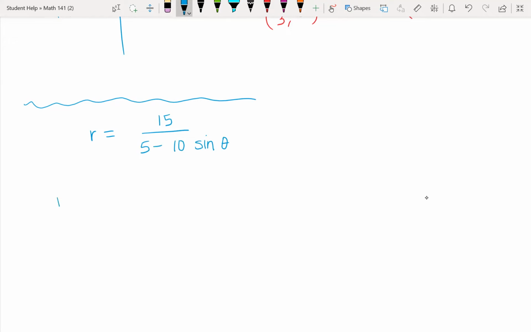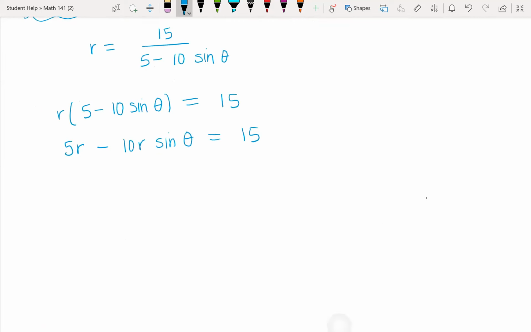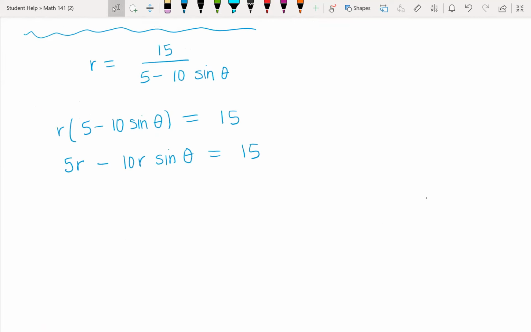We'll rearrange this to be r times that denominator, we'll multiply that out. And then I'm going to move that second term over to the right. So 5r equals 10r sine theta plus 15.